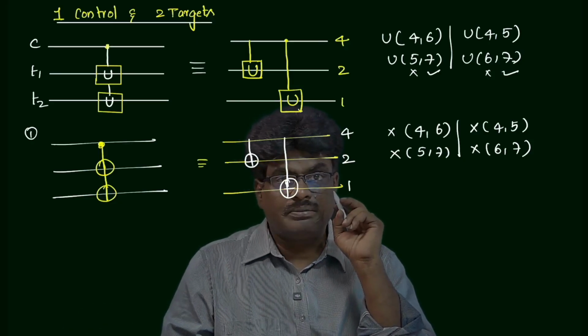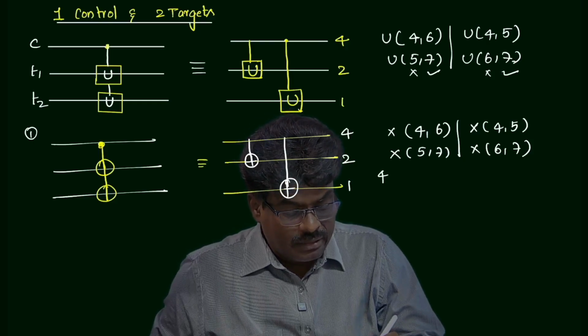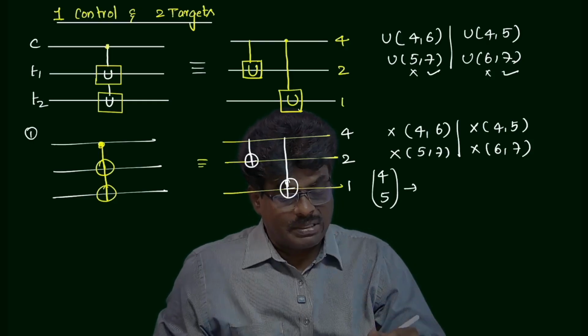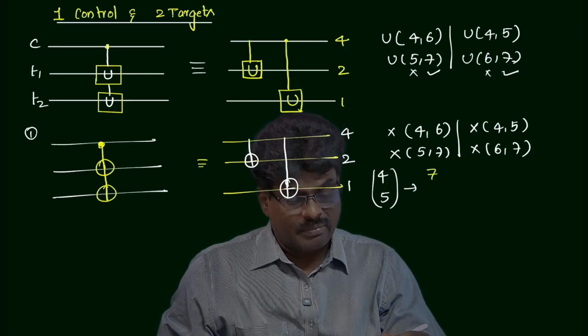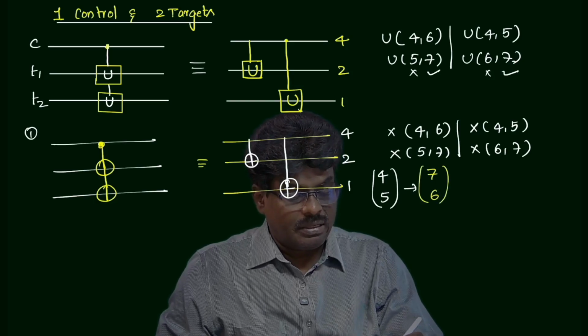Wait a minute. So here let me take the states like this. If I take 4 5, now please apply the operations. 4 to 6, 6 to 7, that's why 4 becomes 7. Next 5 to 7, 7 to 6, that's it.